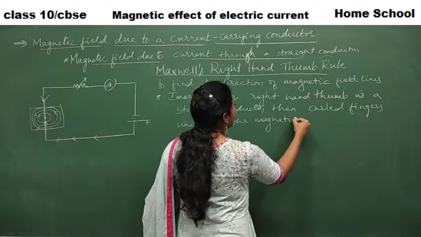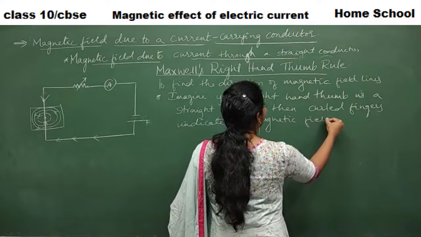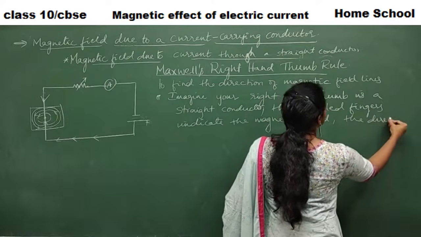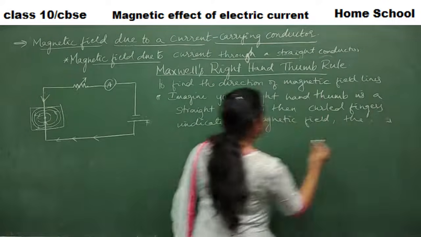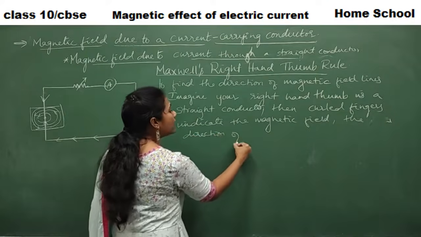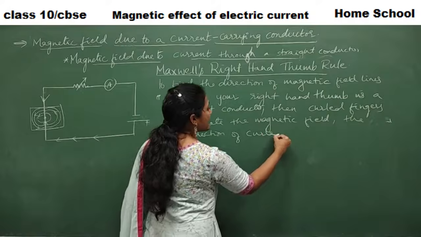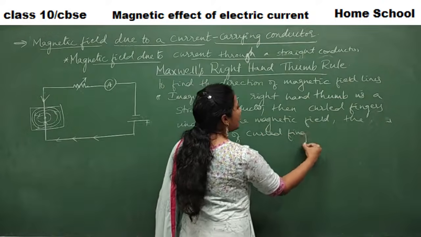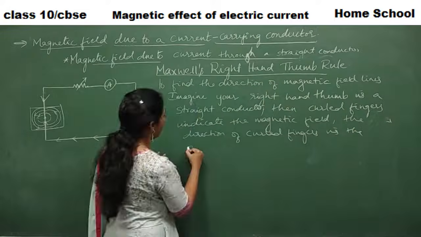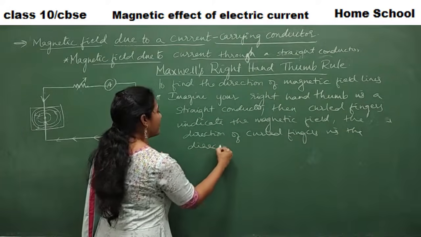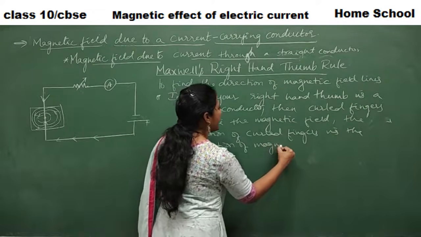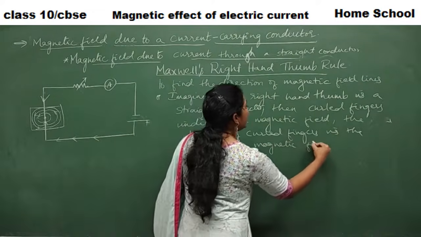The direction of the curled fingers is the direction of magnetic field lines.